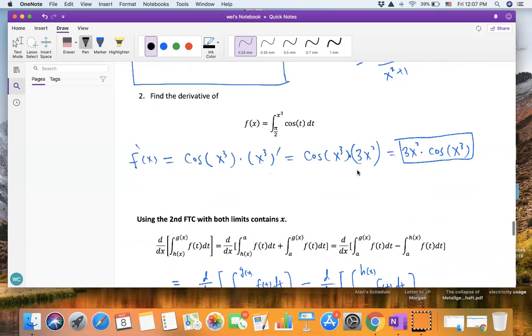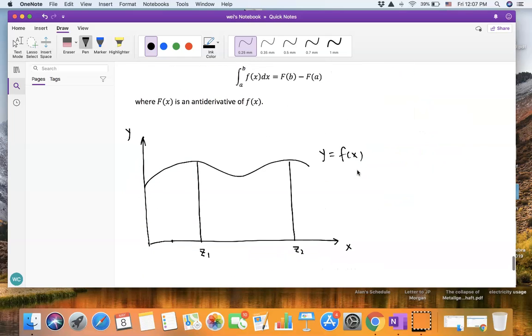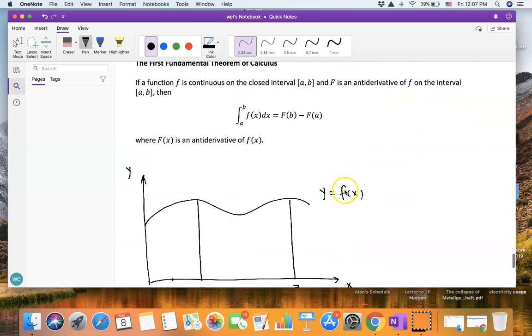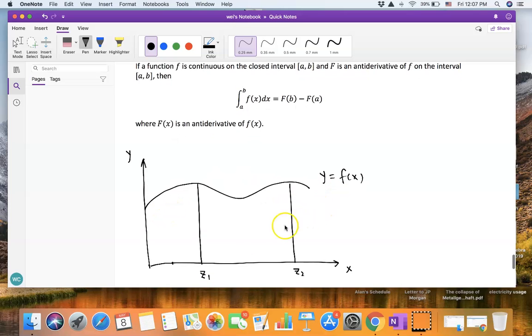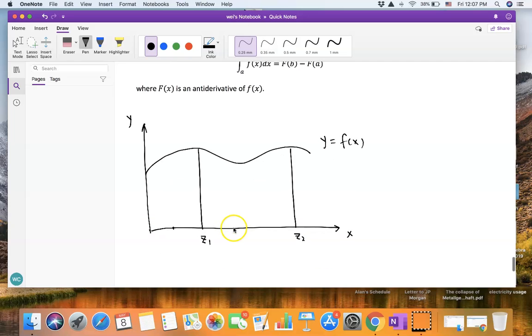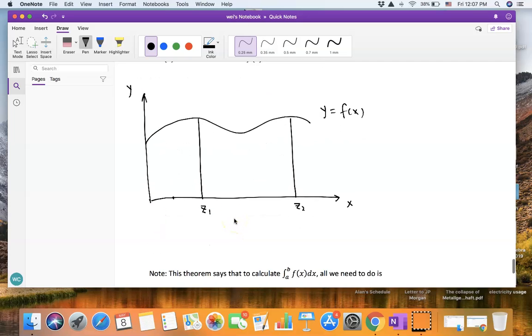Okay. Now let's take a look at this case. So now I have a function y equals f(x) and its graph looks like this. I want to define an accumulation function. Actually, I want to define two accumulation functions. The first accumulation function I define is capital F of z1.